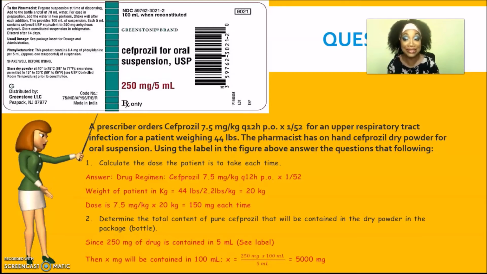And I just like to state here that the powder that we see in these bottles is not just the active ingredient. It has active ingredients plus other ingredients, excipients we call them. So sucrose, starch, binders, all these other things that make up the suspension will also be in that powder.